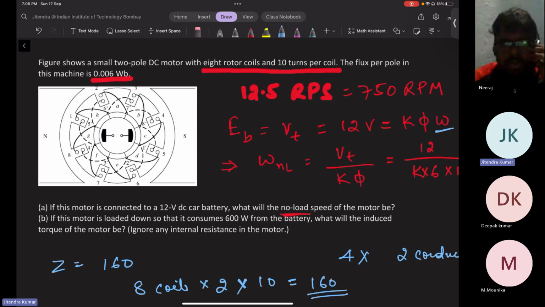But here in this question, the figure is very important, right? We want the effective or active number of conductors from this figure. Only those conductors participate in the generation of EMF which are actively under the influence of your magnetic poles.